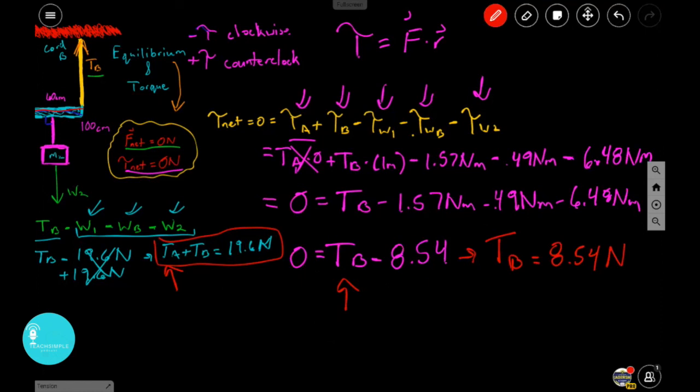So I got TA plus TB, which is 8.54 newtons, equal to 19.6 newtons. Solve for TA.